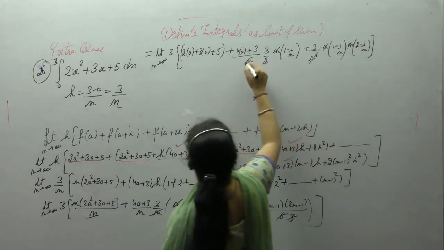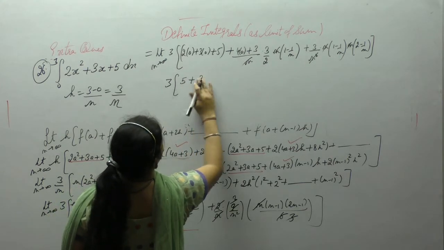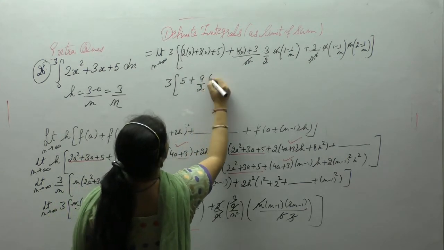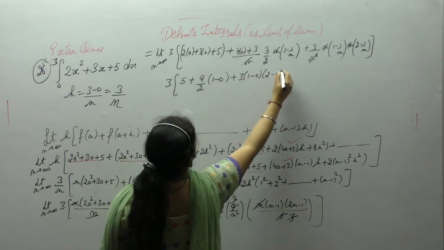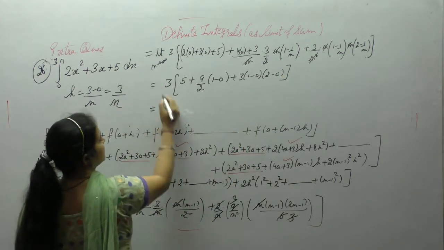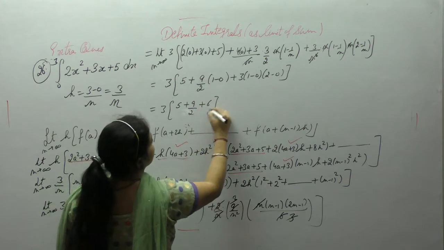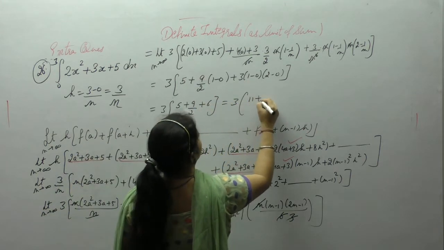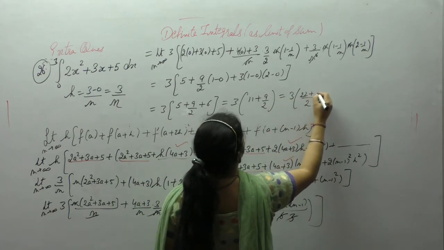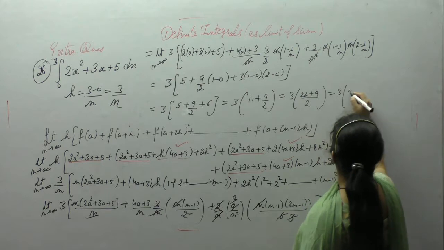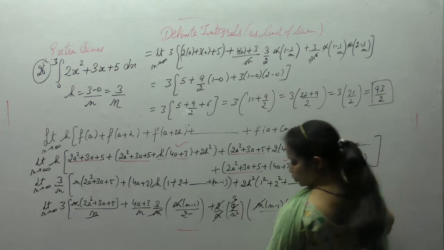Now put the limit n tends to infinity: 5 plus 3 into 3, 9 by 2, 1 minus 0, 3 into 1 minus 0 and 2 minus 0. 5 plus 9 by 2 plus 6, 11 plus 9 by 2, that is 93 by 2.